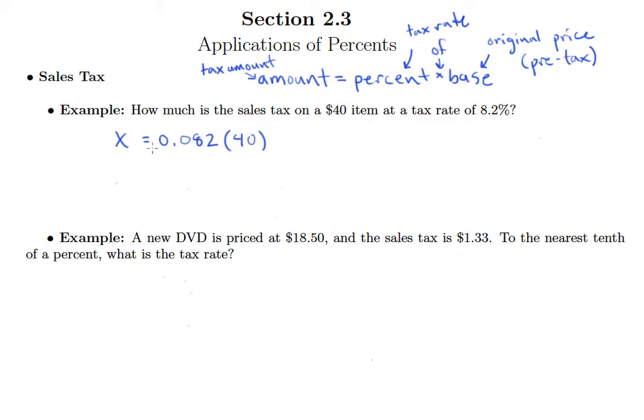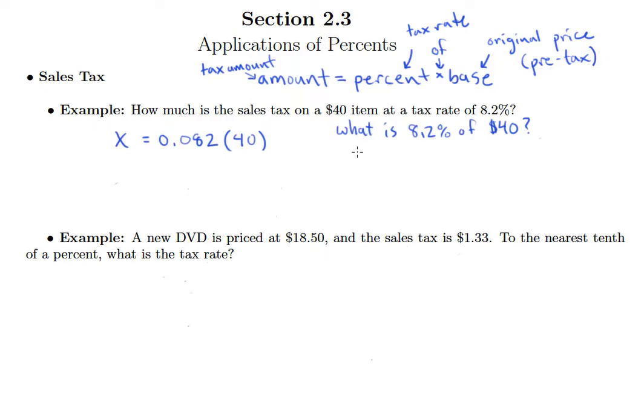You can also arrive at the same setup by writing out a little phrase like we did in the last section. You might say something like, what is 8.2% of $40? We saw a lot of problems that look like this in the last section.